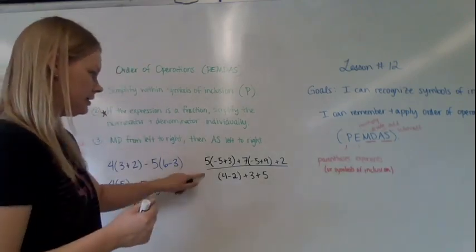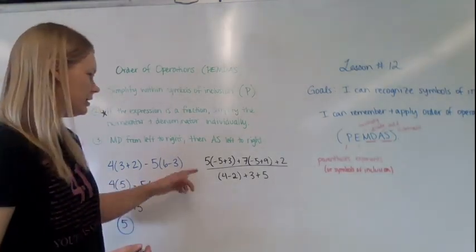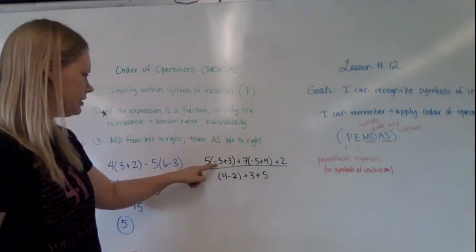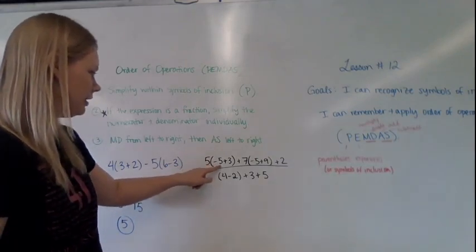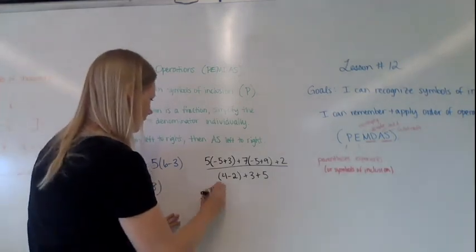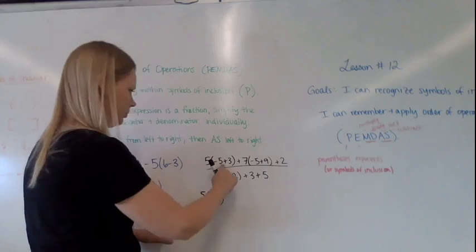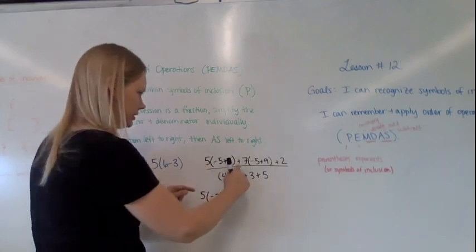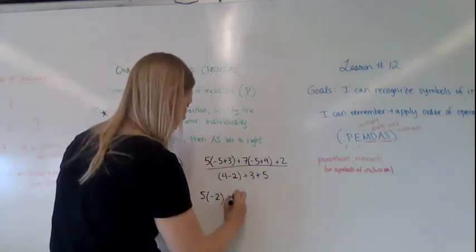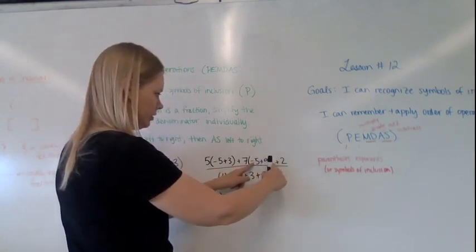Looking at this slightly longer example, we'll work through the same process. First, I'm going to look for any symbols of inclusion and simplify what is inside them. So I've got 5 parentheses, negative 5 plus 3 is negative 2. So I simplified what's inside these parentheses. I'm going to copy plus 7 and simplify what's inside our next set of parentheses.